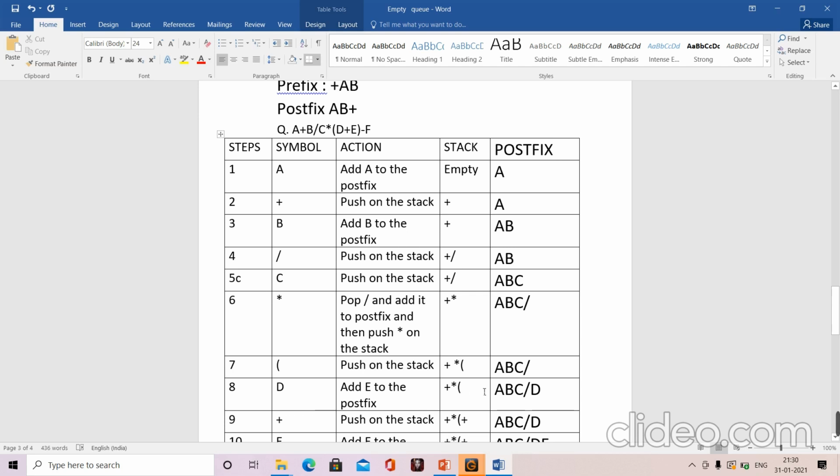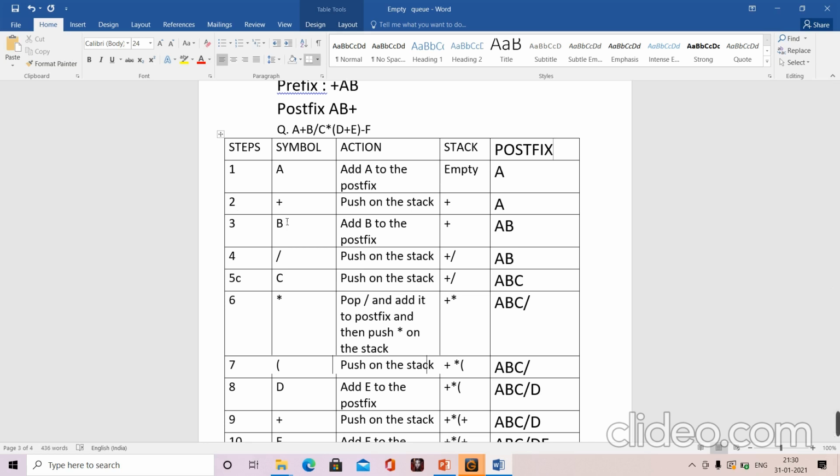Now in step number 4, first we have to compare the precedence of division with that of the top operator of the stack, which is plus.